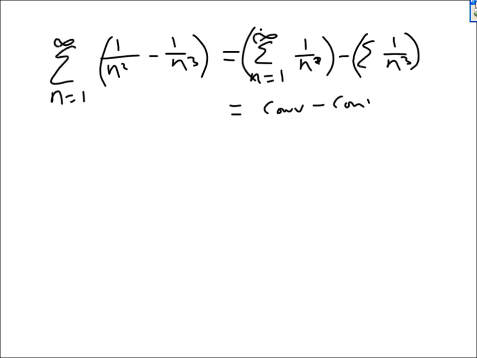Converge minus converge converges. Maybe this converges to 7.2 and this converges to 3.8. Well, the difference is going to be a real number. The difference isn't suddenly going to be infinity. They say, yes, that converges, by the p-series test where p was bigger than 1.